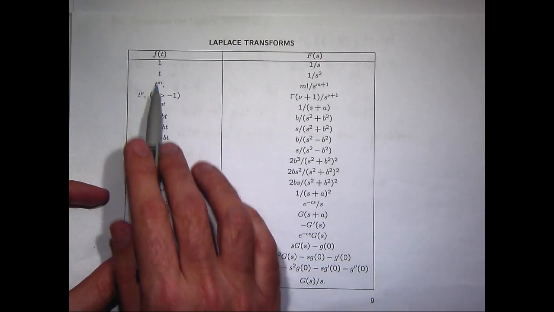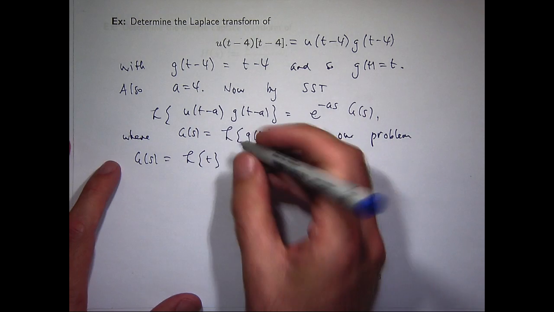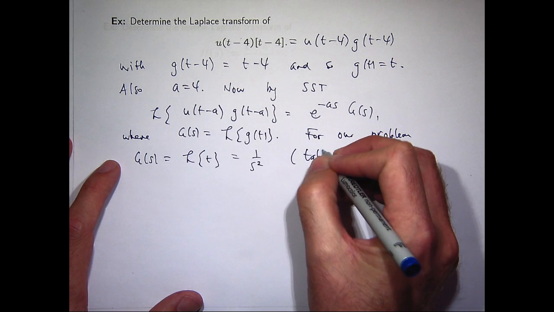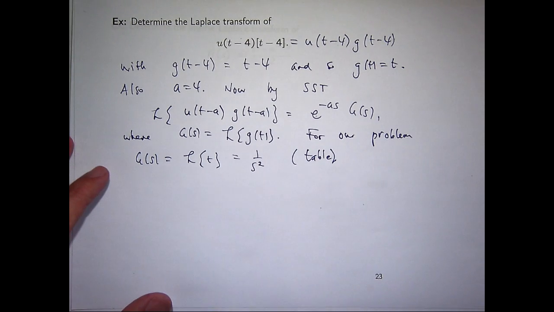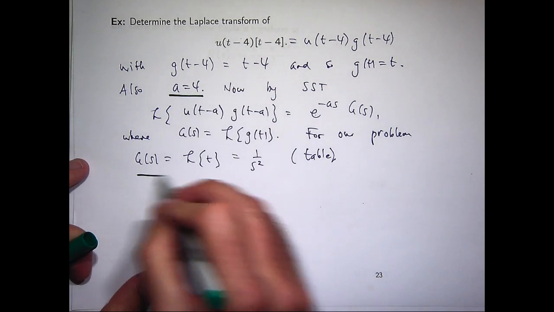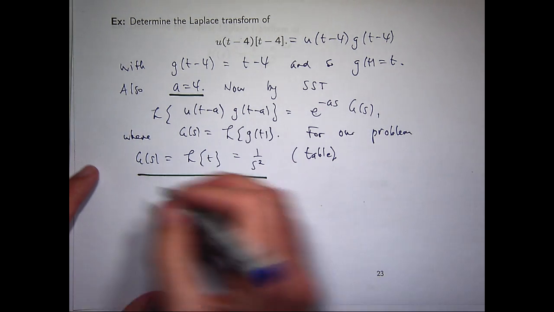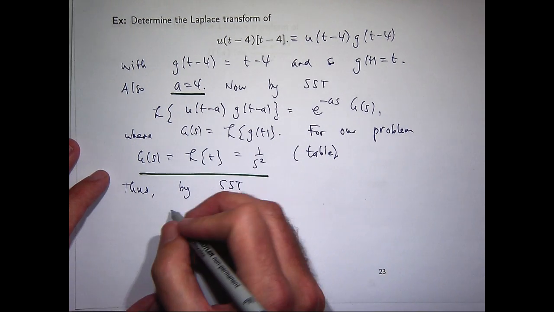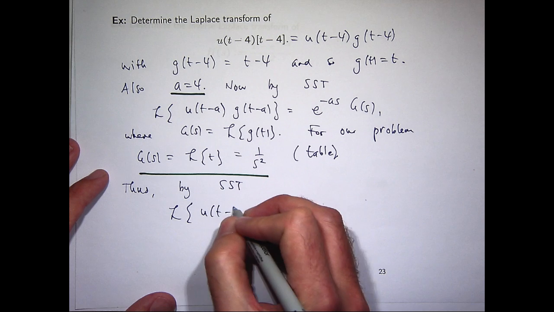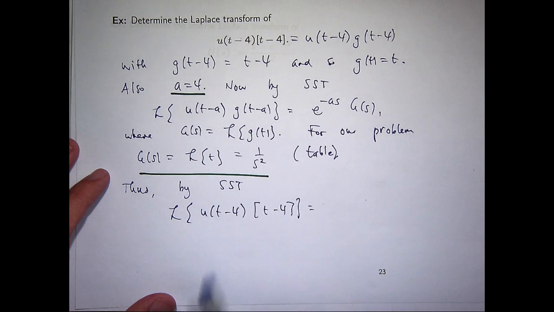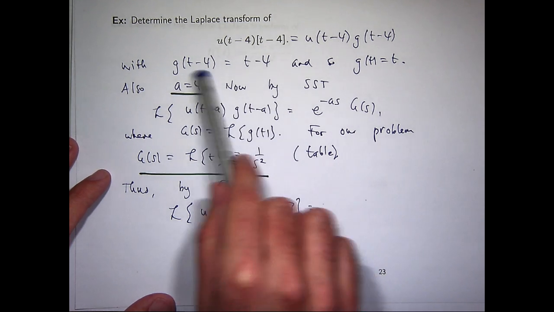If not, just go to your table. I find a t there, so the Laplace transform is 1 on s squared. So we use this and this. By the second shifting theorem, the Laplace transform of this is just this times e to the minus 4s.